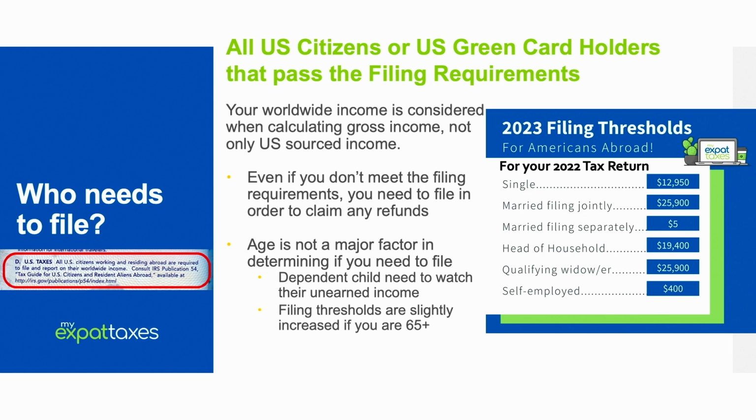It's not that when your child turns 18, they're an adult and they have to file taxes. That's not the case. It's always dependent on how much money they make. However, if you do have children and they have a lot of unearned income, like investment income, you open up brokerages for them, different investment funds for them, you'll have to watch out a little bit more carefully in the event that they might have to file a tax return or at least declare their investment income on your tax return.